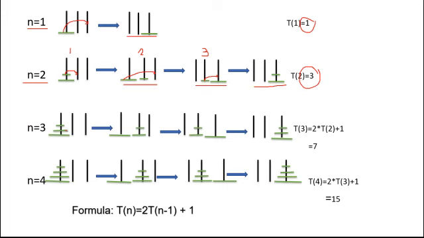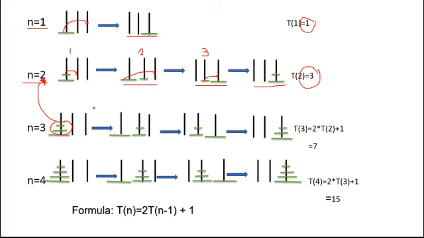Next, let's play this game using 3 disks in a tower. So as we can see, we already know how to move these 2 disks to our destination tower. In this case, we will first use the strategy that we used in the previous game that we played using 2 disks in a tower.